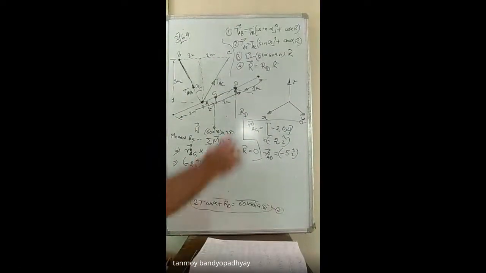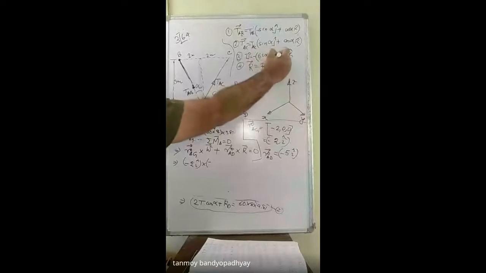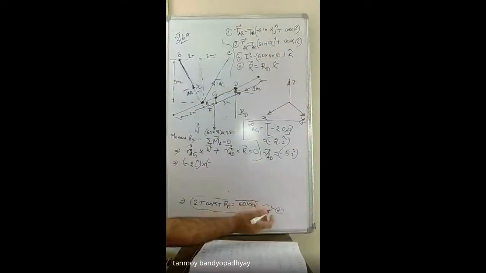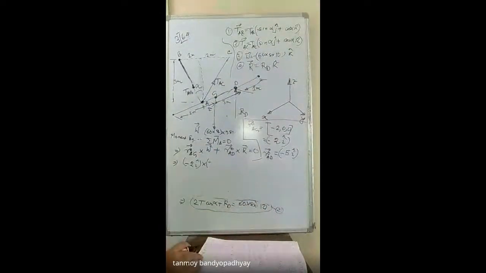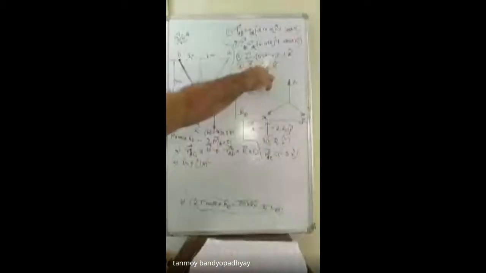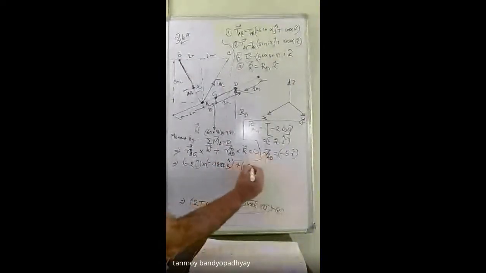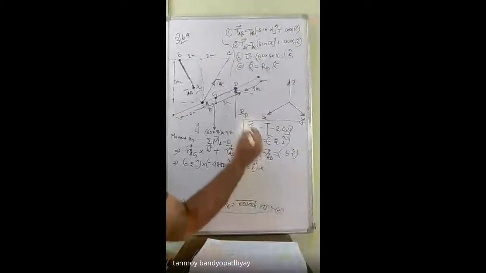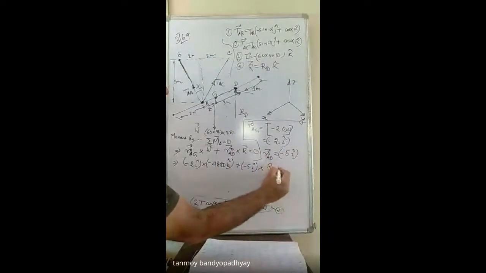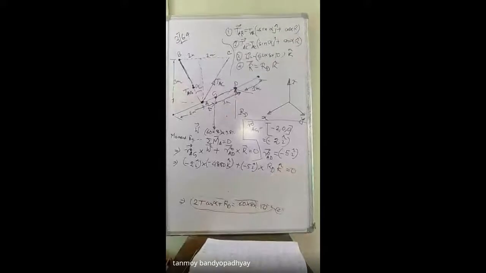If I take g as 10, just mention that you are taking g as 10, then it will be 600 into 8, so 4800. So it should be 4800 K cap, plus RAD, which is -5j, cross the R vector. It is RD, which we do not know, so it is RD into K cap, that is equal to 0.